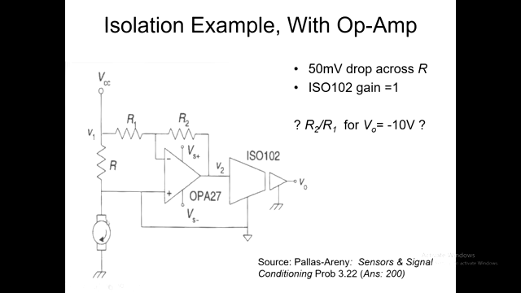So to sense the current in this motor, there's a series resistor measuring across here, and we need to figure out what the resistor values need to be to provide an output of minus 10 volts. So that's with a 50 millivolt drop across the resistor. So typical sort of question.